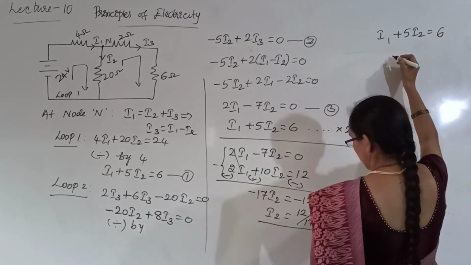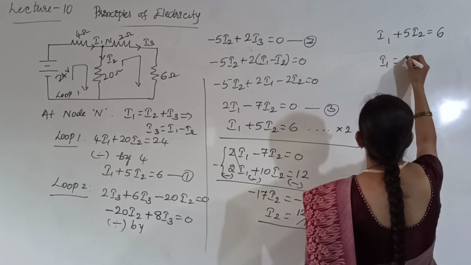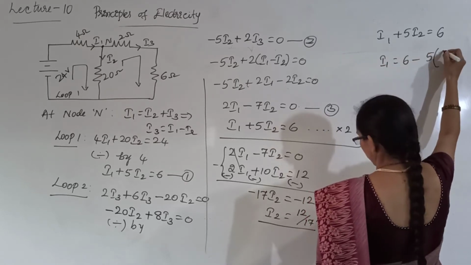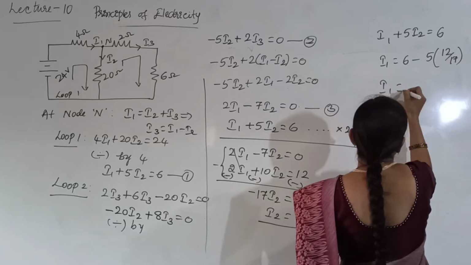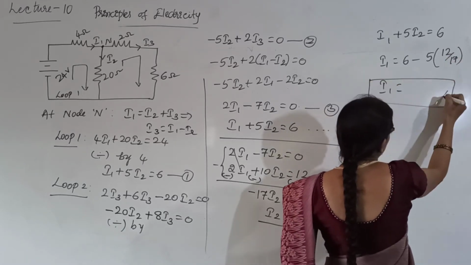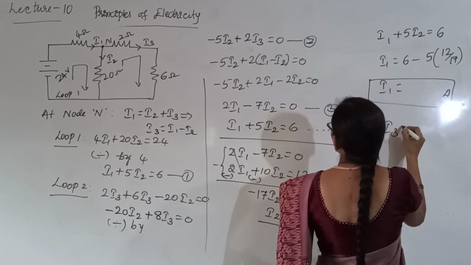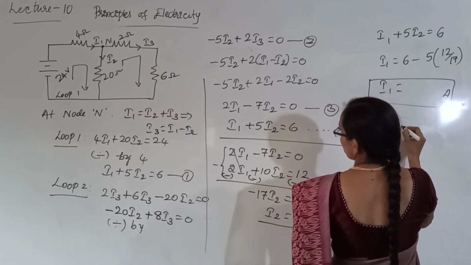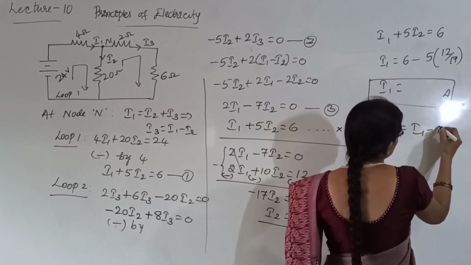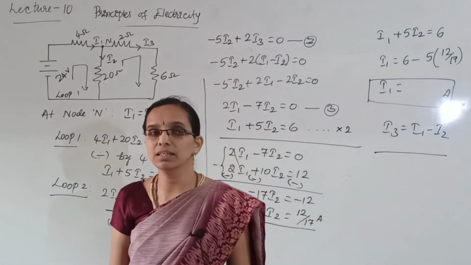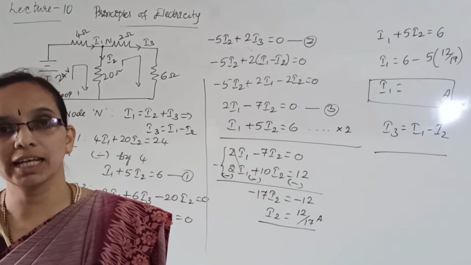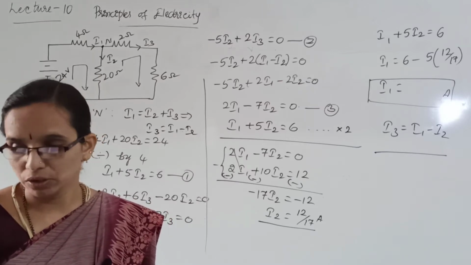So I2 we have got, I1 is equal to 6 minus 5 times 12 by 17. Calculate it and put the value for I1. Also you should calculate I3 which is equal to I1 minus I2. You should calculate I1 and I3 values using a calculator and keep the answer. Okay.